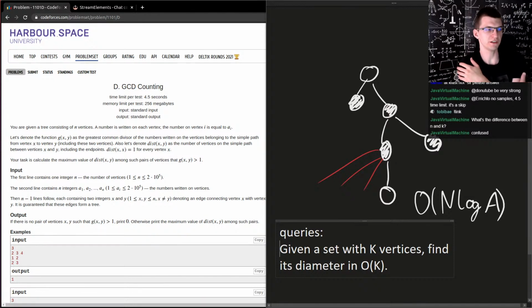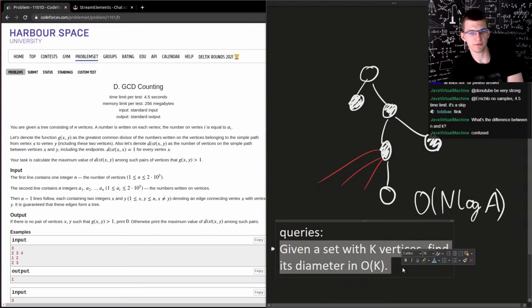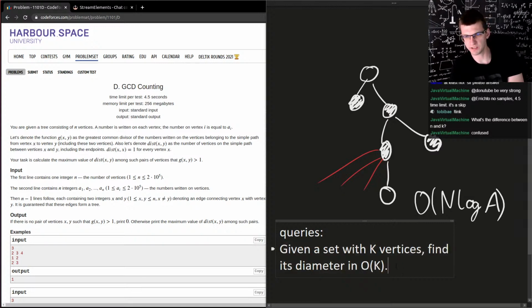There will be q queries. If we can do this, then the full problem will be solved. Every prime value, like 2, 3, 5, 7, gives us one such query. Then let's focus on the query.